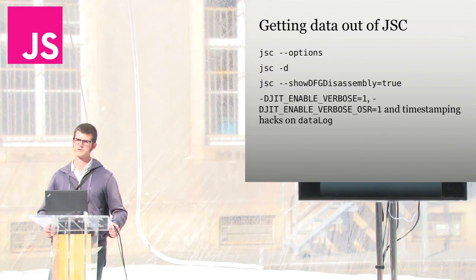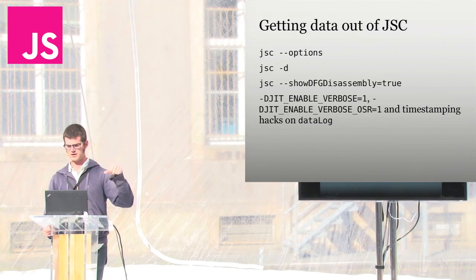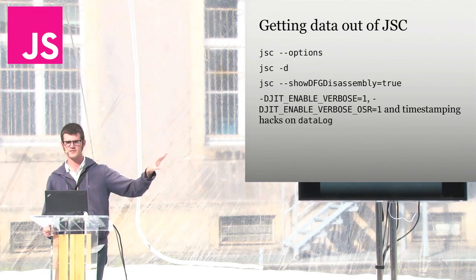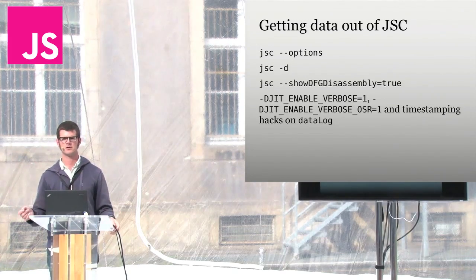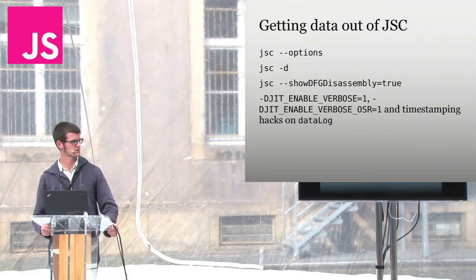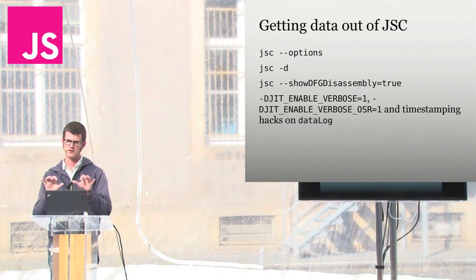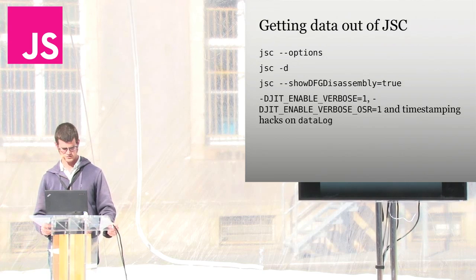If you say show DFG disassembly, but in order to get the timestamps, the information that I showed you, you have to enable some verbose logging. And the graphs that I showed you, I measured them without the verbose logging, and then I superimposed the DFG vertical bars after enabling verbose logging. So they were from separate runs and not entirely identical, so don't try to correlate those too precisely.